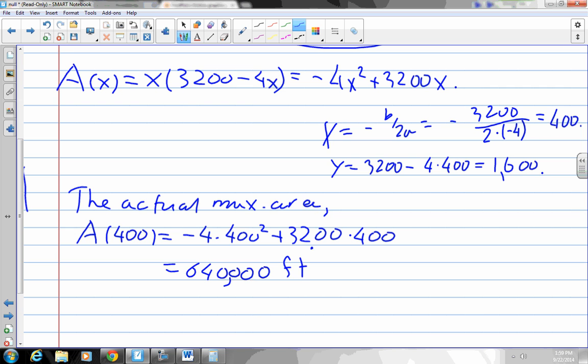That's the maximum area that we can obtain with the given amounts.